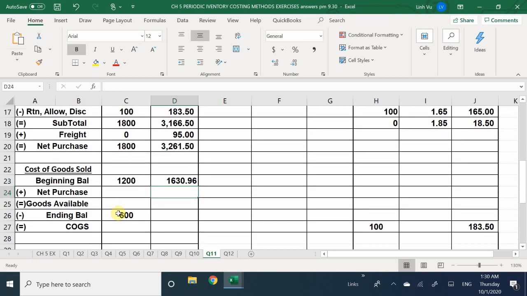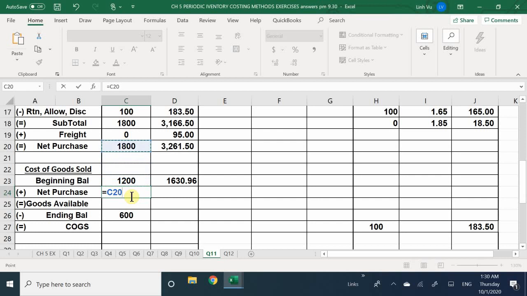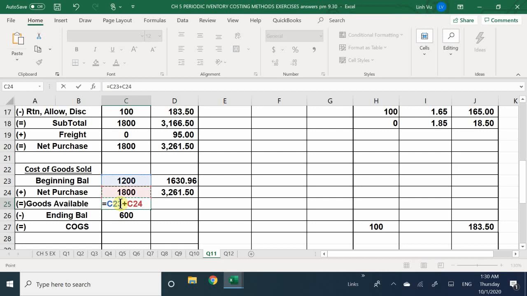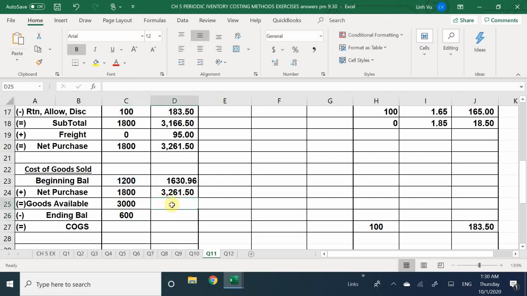Okay, so I bring that down, and I know that I have currently 1,600 at $3,261. Okay, giving me a grand total of goods available to be 3,000 items or toys even.